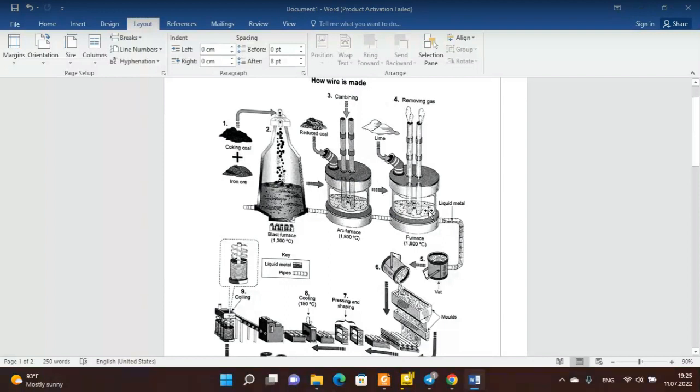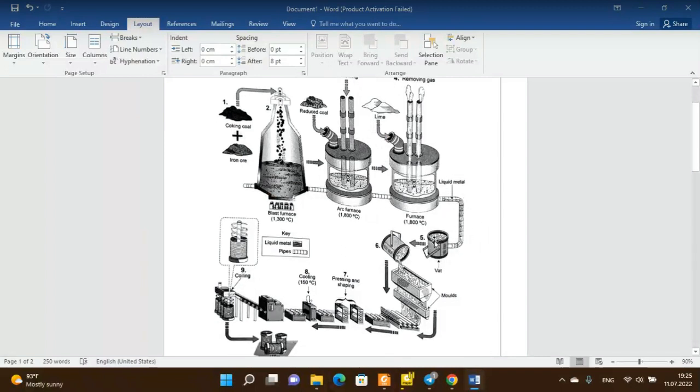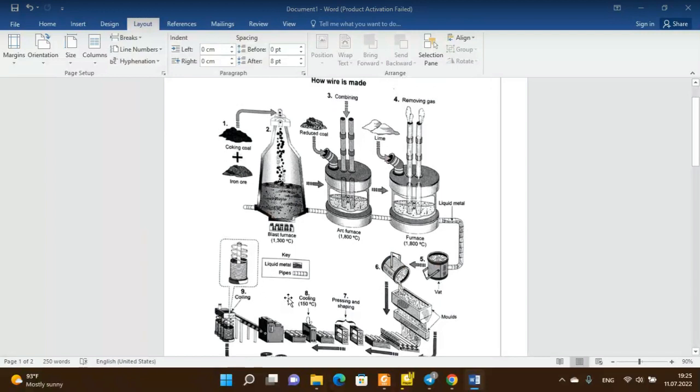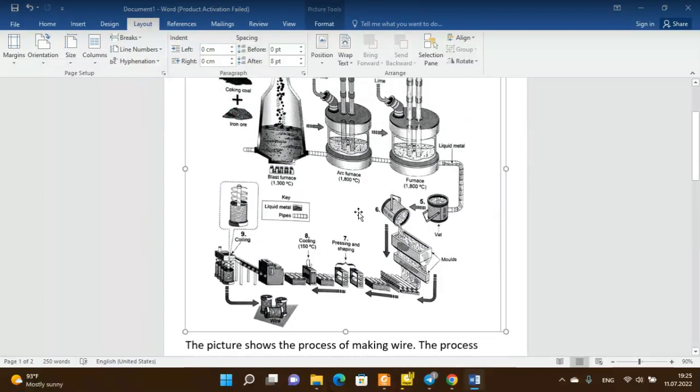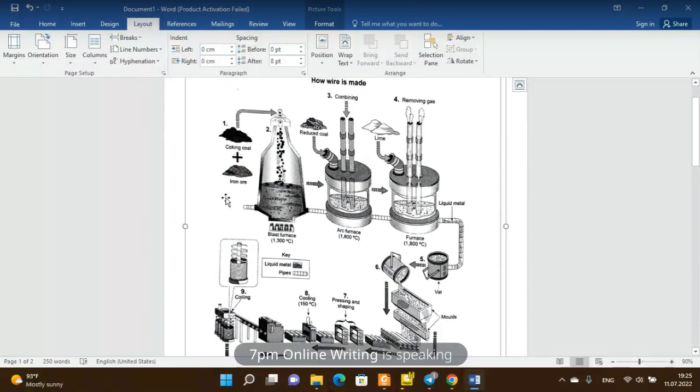So in these 3 furnaces, what happens is they produce liquid metal, and then this liquid metal is used to produce wire. Now, based on that, instead of saying 9 steps here, we can actually say 2 stages, right? The first stage would be taking these raw materials and turning them into liquid metal. And then in the second stage, you take this liquid metal and turn it into a wire.